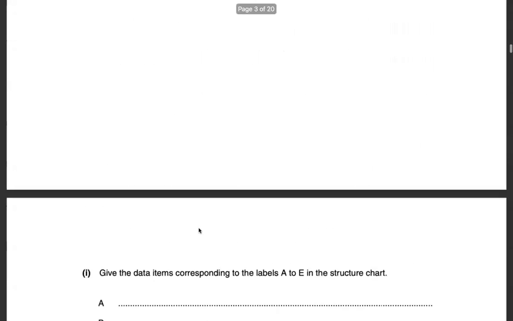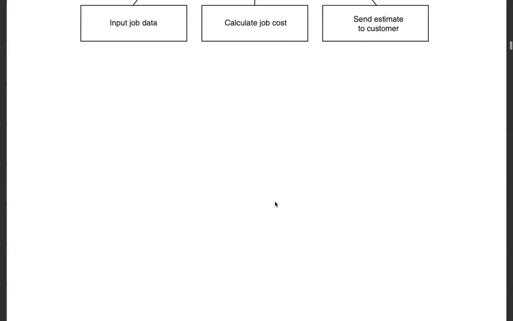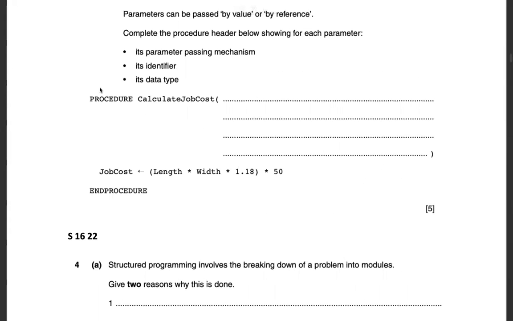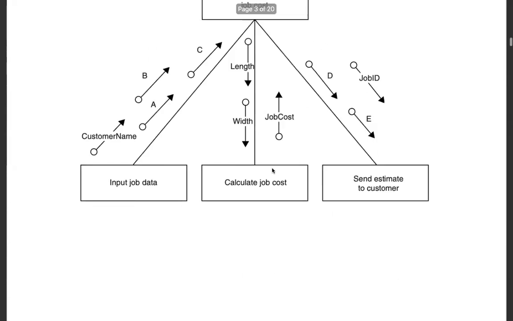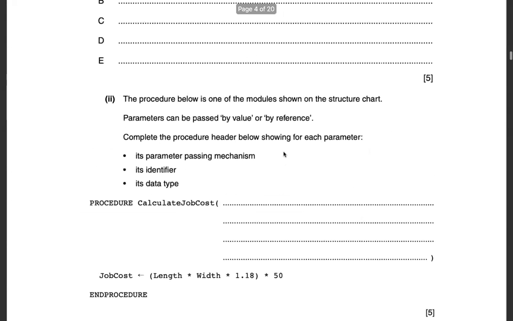So instead of treating it as a function, because it's labeled as procedure here, what we can do is assign job cost as by reference. So basically, it's a value that's being updated from within the subroutine.